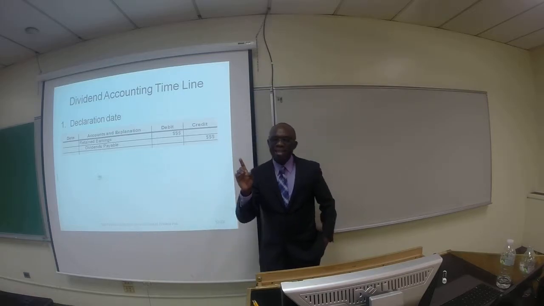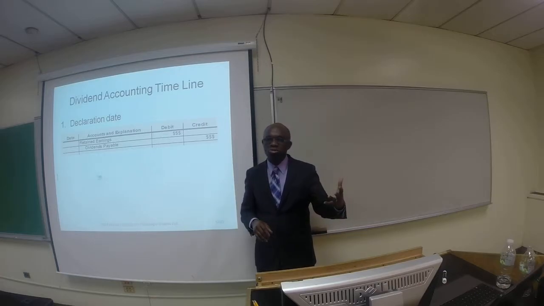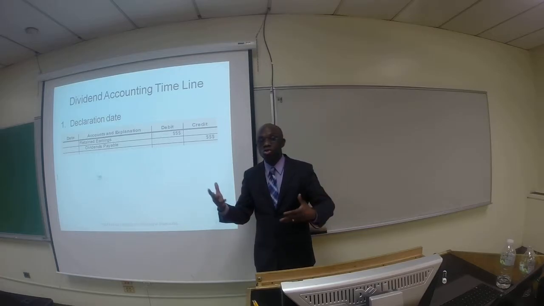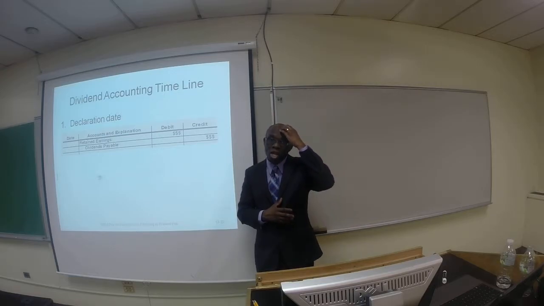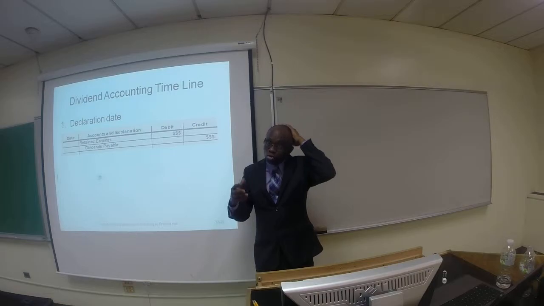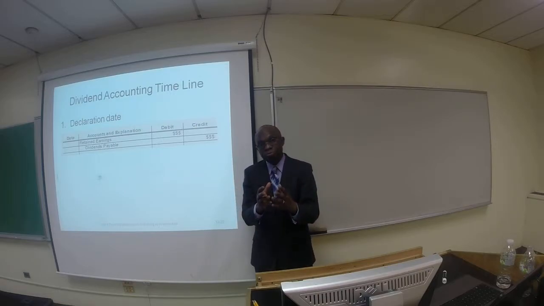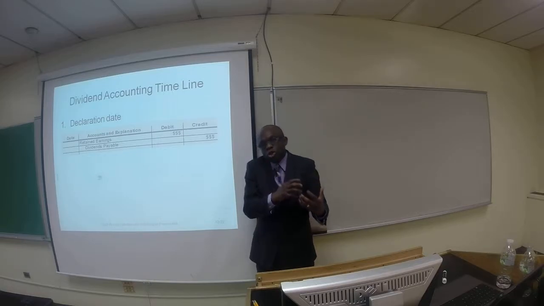The normal balance of retained earnings is a credit, so by debiting retained earnings we are decreasing it. Don't forget what retained earnings is. Retained earnings comes from the earnings, profit, or net income that the company retained.